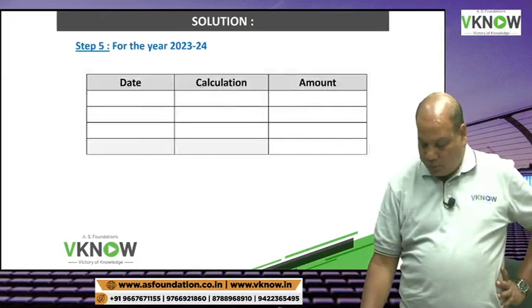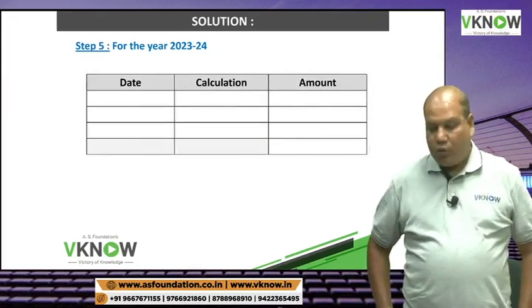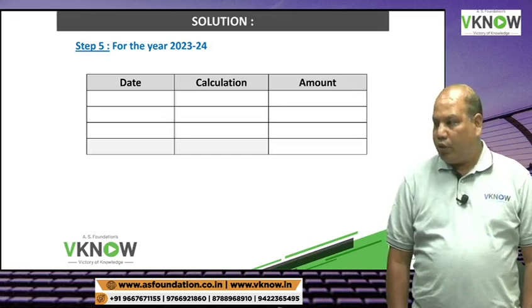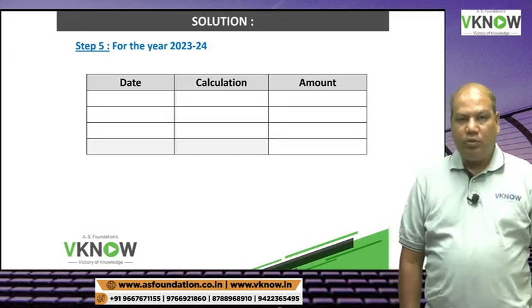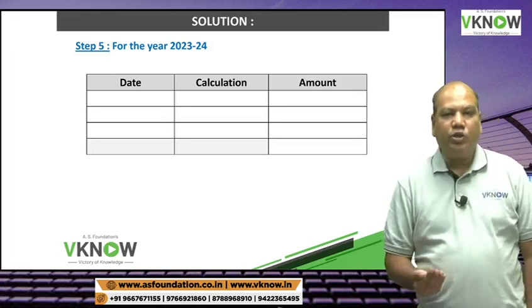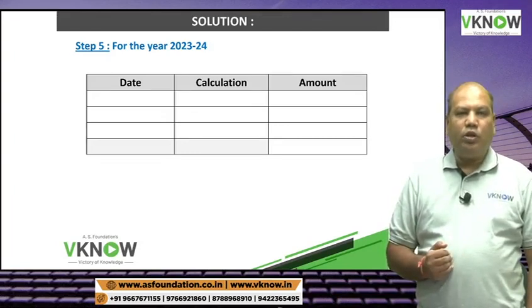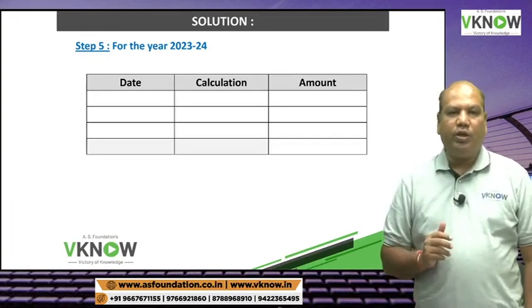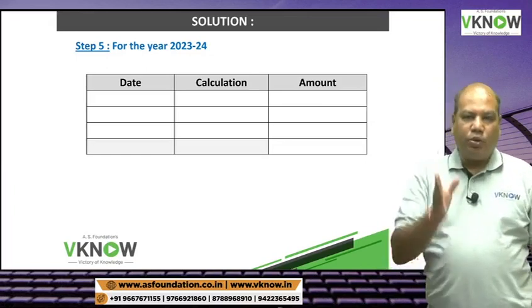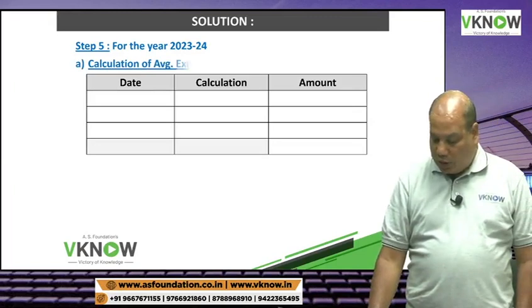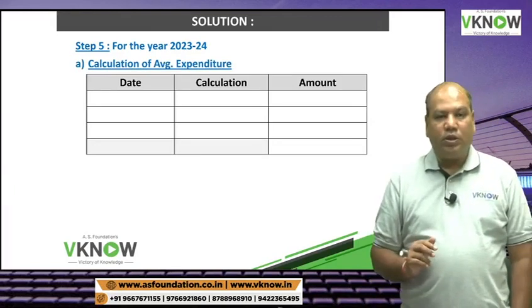Now write down step 5 for the year 23-24. So now we are entering into second year. You will see this is the only question we have solved till now where we are entering into second year. Earlier problem, the question got over in 1 year itself. In the next year, again we will repeat the same thing.